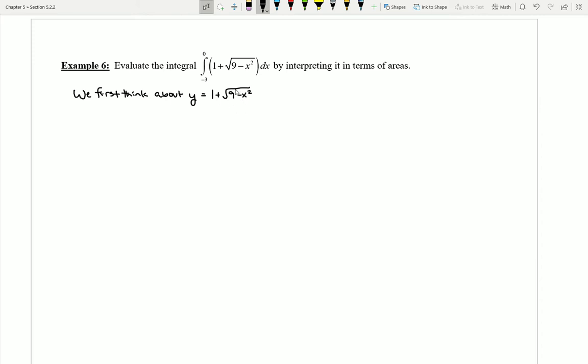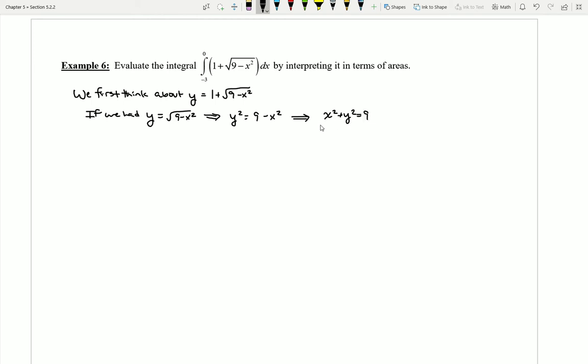Now, if we had y equals just the square root of 9 minus x squared, like if we just pretended that the 1 wasn't in there for the moment, then we could rewrite this equation very easily. I could square both sides and end up with y squared is equal to 9 minus x squared. Then I could rewrite this again by adding the x squared over to the other side. I could get x squared plus y squared is equal to 9.